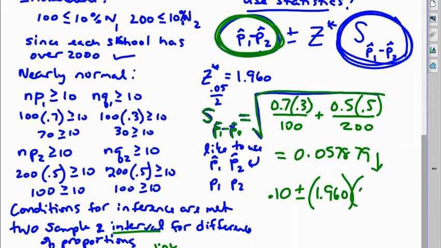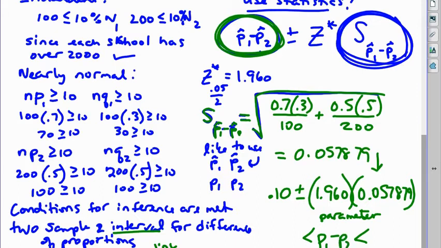So 0.057879. And remember this symbol in the middle here needs to be parameters. And what is this parameter? It's going to be P sub 1 minus P sub 2.